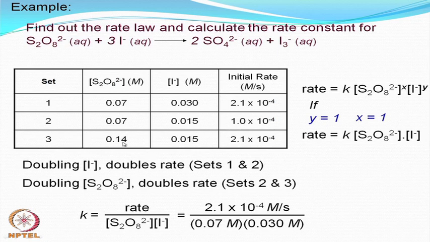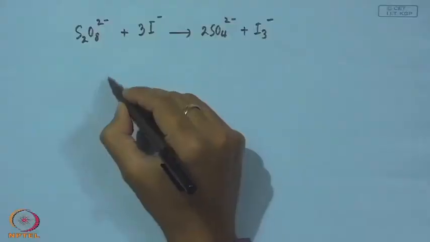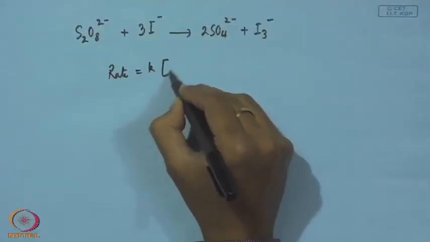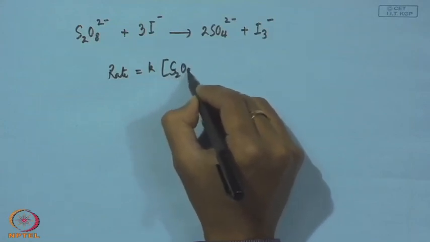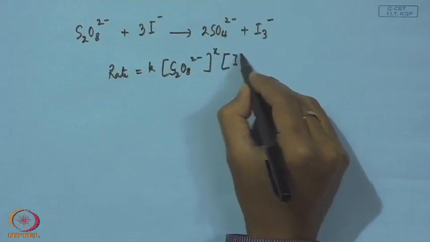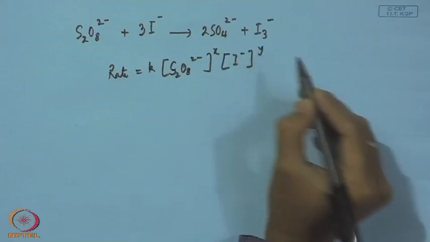For the last one, persulfate is 0.14, iodide is 0.015 and the initial rate is 2.1 into 10 to the power minus 4. So, the rate we can write in general as k times S2O8 2 minus to the power x times I minus to the power y.